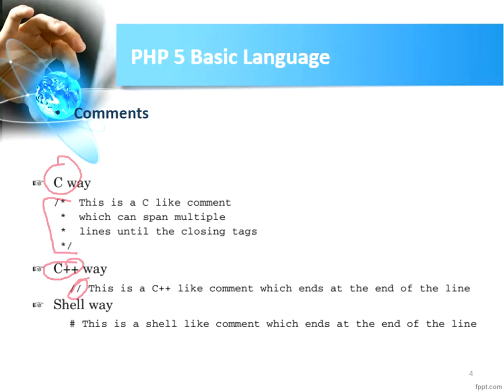The third manner is the shell way, so I will use hash. After that, I will write my comment. Keep in mind that in PHP 5, there are 3 manners to make comments. Is it clear? Any questions? Okay.